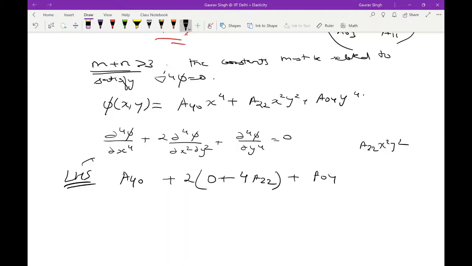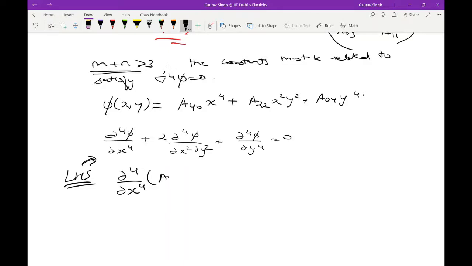Or let me just do this once. The thing about Airy's stress function is that they are easy but lengthier to solve. So let's take it one step at a time.